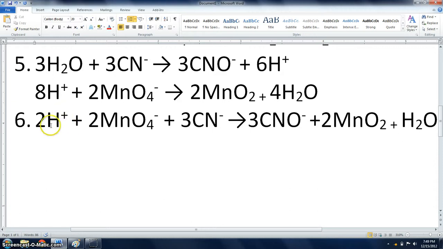So if I add 2 OH minuses to this side, that's going to result in 2 H2O, which is going to give us 1 excess H2O on this side, because this one's going to then cancel out. And then we're going to have 2 OH minuses left on this side.